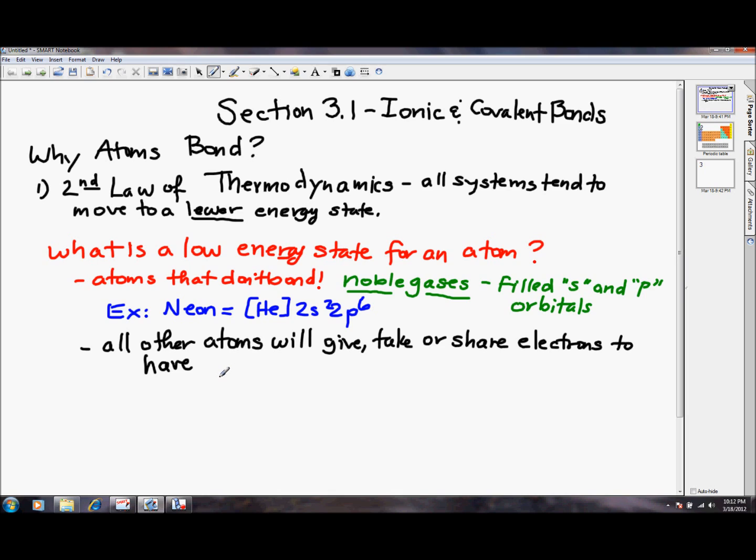So atoms are going to do a couple of different things. There's a couple of different options. They'll give, take, or share electrons to have full s and p orbitals. Okay.